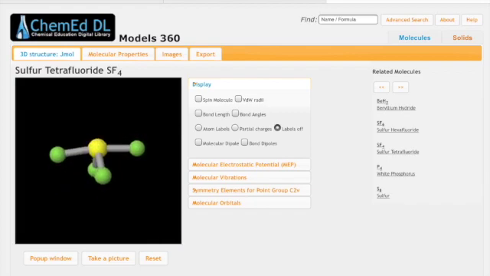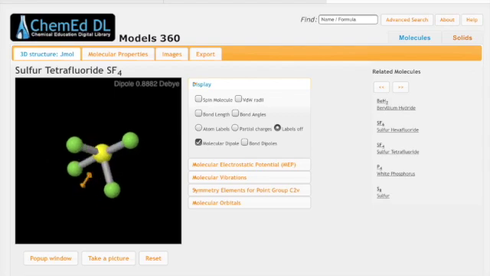We can see it's got a seesaw shape. That's not strictly linear because remember the lone pair is a little bigger. And if we look at the molecular dipole, it is away from the sulfur towards the two center chlorines.